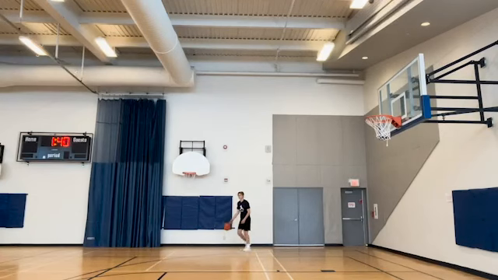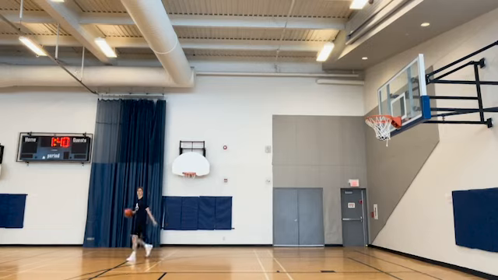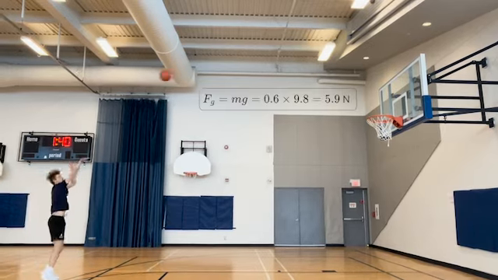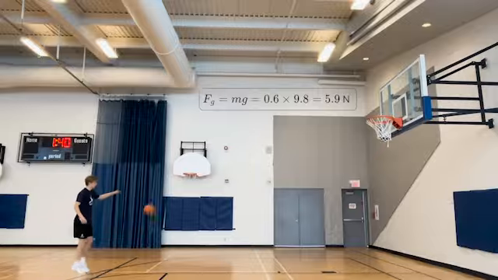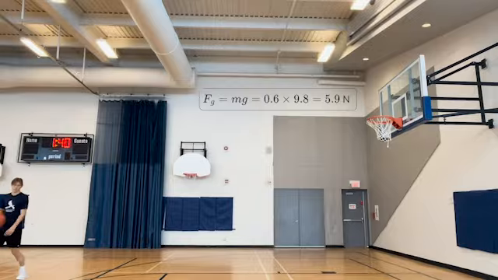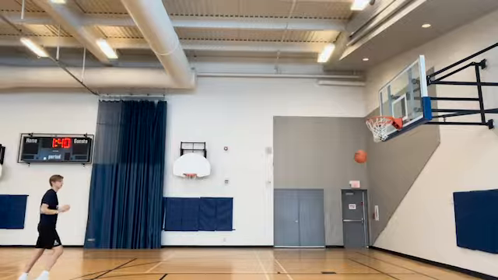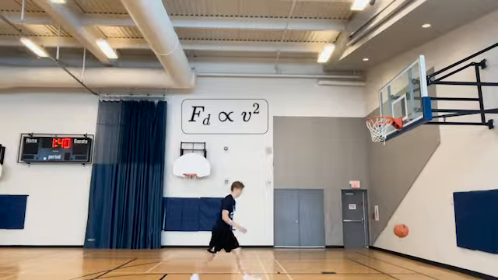There are several forces that act on the ball. First is gravity, which is constant and downward, about 0.6 kilograms times 9.8 meters per second squared, which is around 6 newtons. Next is air drag, which pushes opposite the motion. The drag grows with speed.